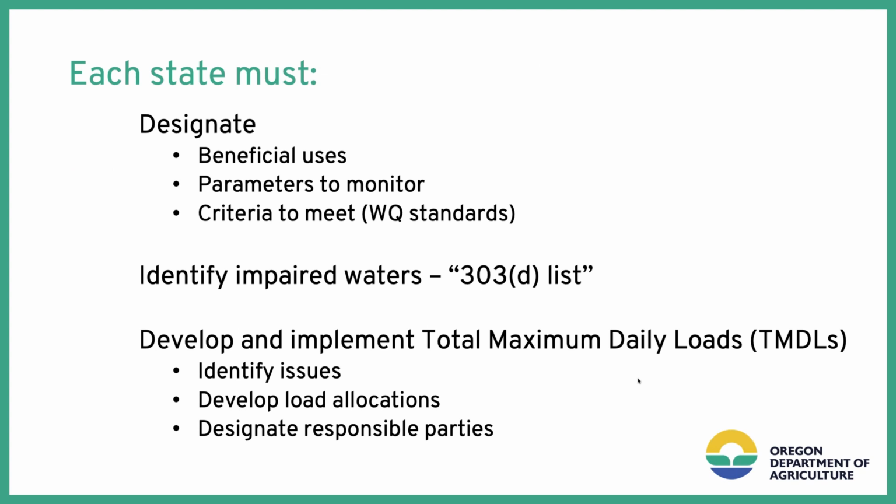So the state will identify a watershed or a certain reach of a river or whatever, figure out what uses are being impaired, what parameters are the issues, and then they will develop what are called load allocations, which means they will identify who the responsible parties or the responsible land uses are that are contributing to this water quality issue.